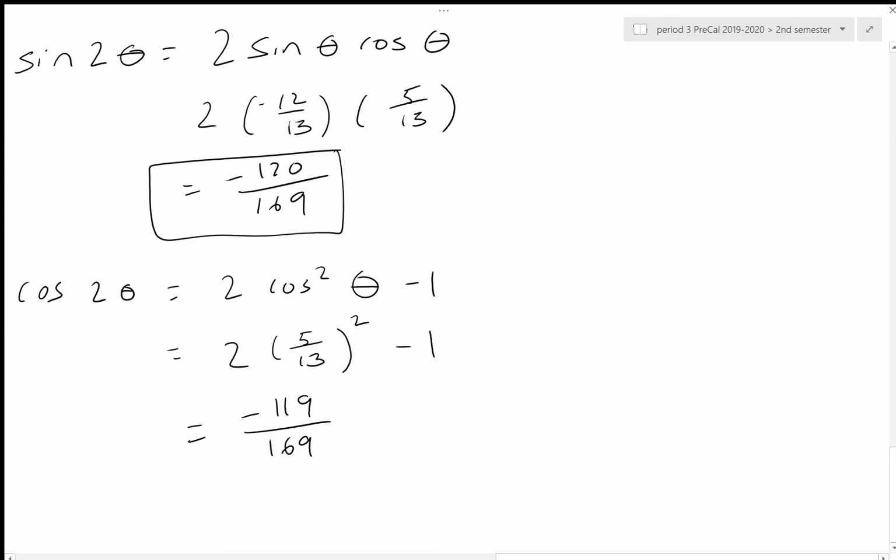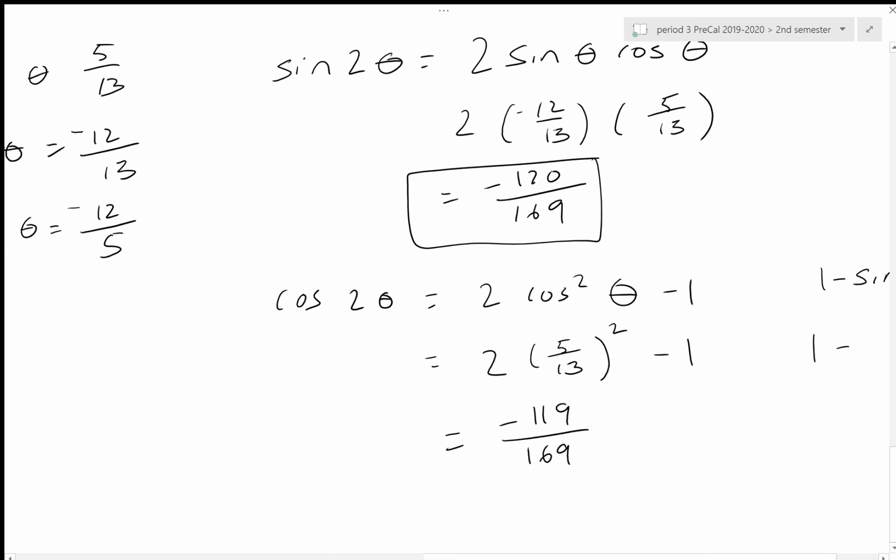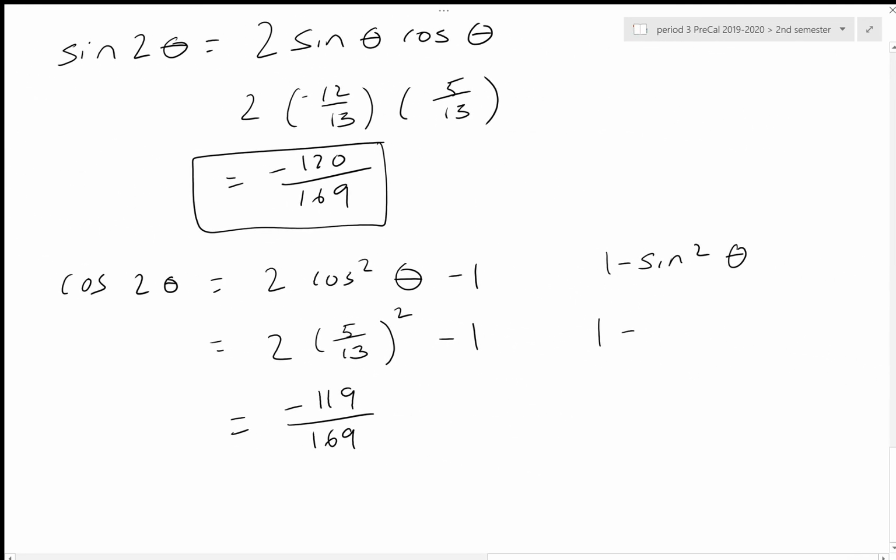Okay, just to show you that if I had used the other way, 1 minus sine squared of theta, this would have been 1 minus, well, sine is negative 12 over 13 squared.